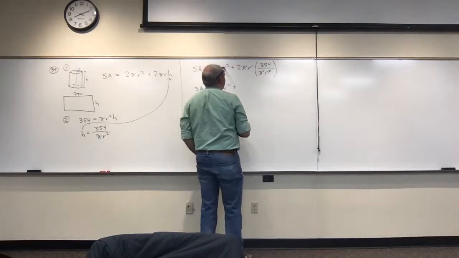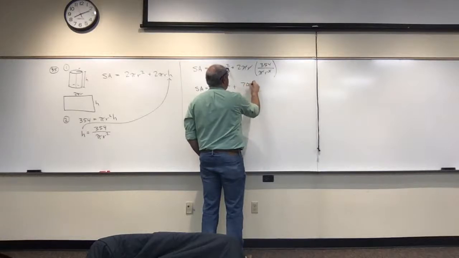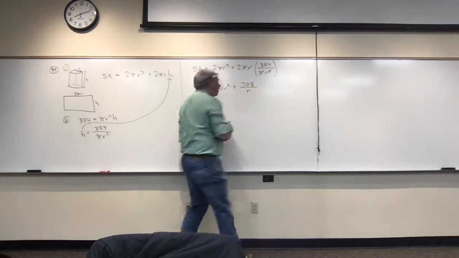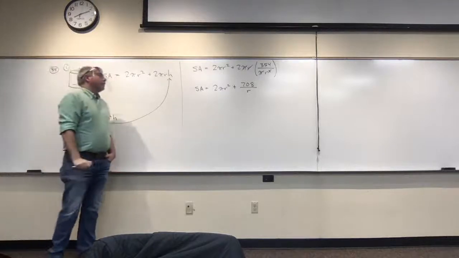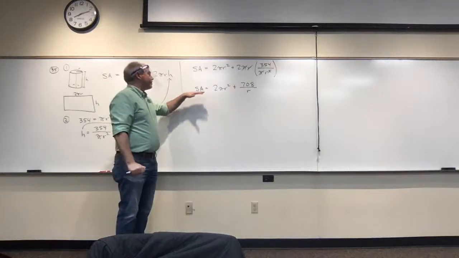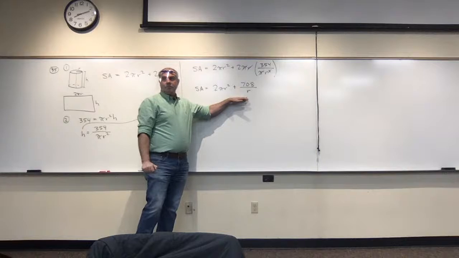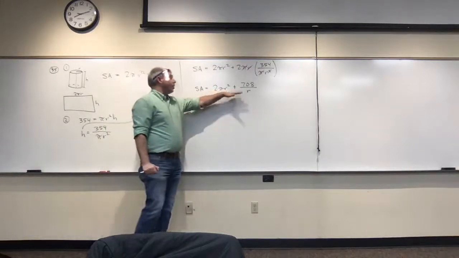What's left over is 708 on top, and on bottom r. This is very good because now I have surface area in one variable. The only variable I'm dealing with is r.